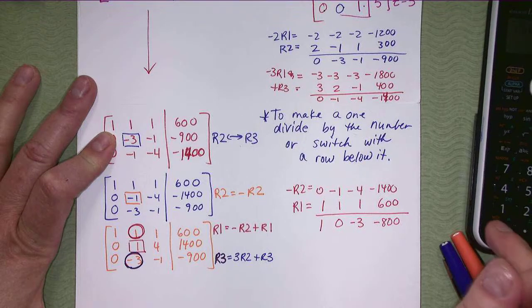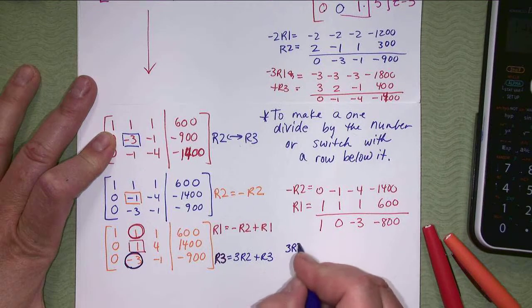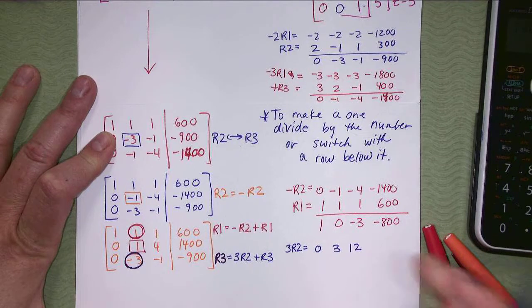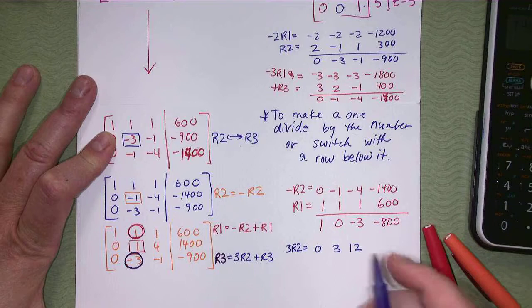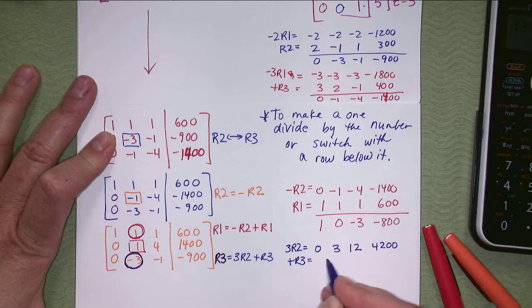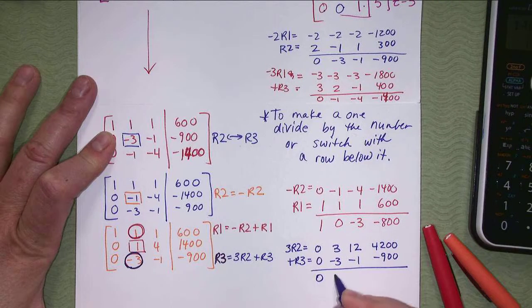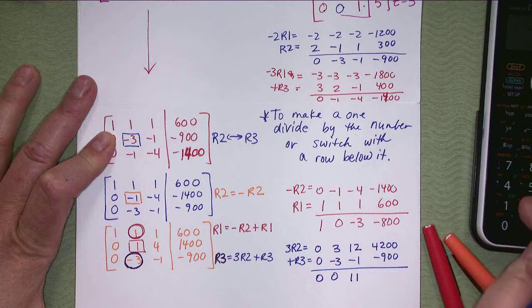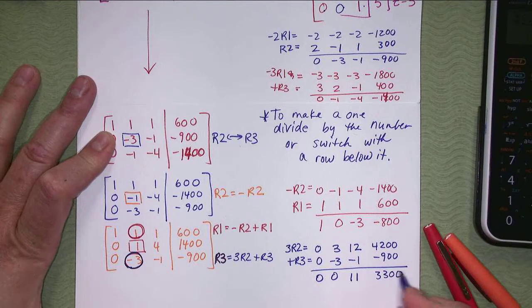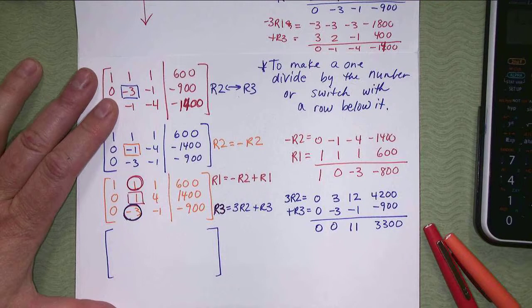And then 3 times row 2, plus row 3. So row 2 is not changing.